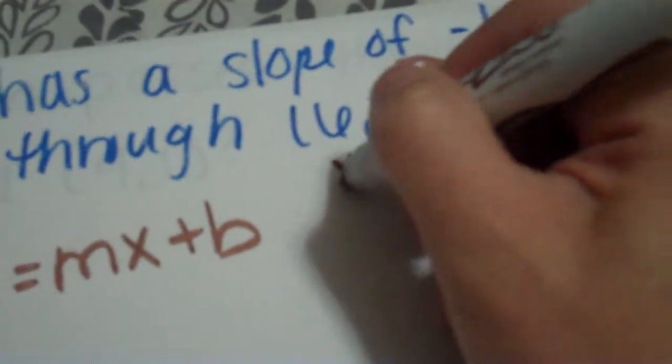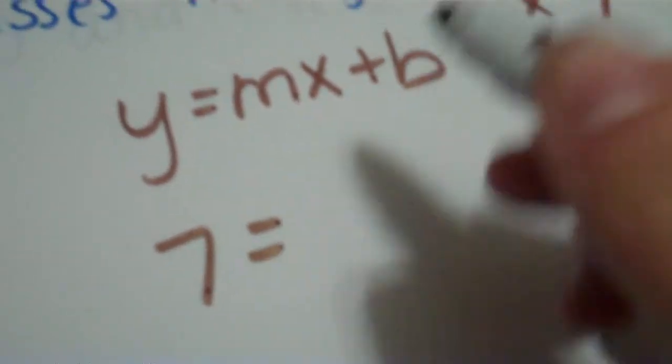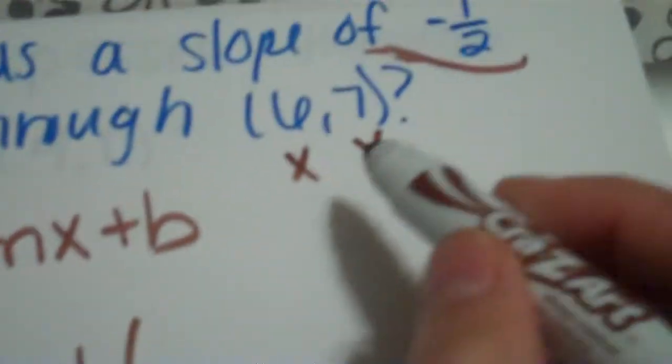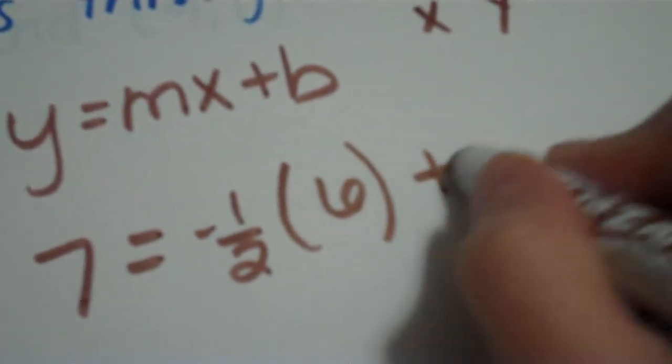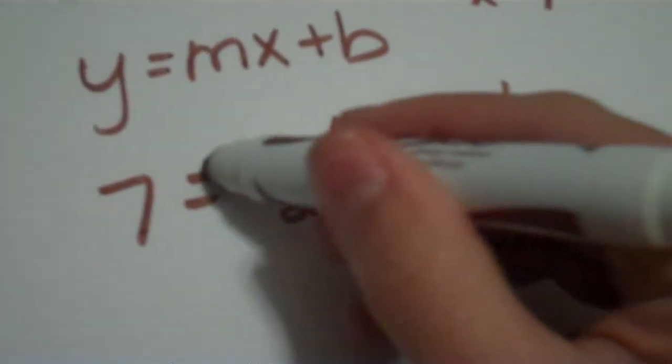So y equals mx plus b. Then I plug in the values. Remember, this is x and this is y. So my y is 7 equals, my slope is negative 1/2, and x is 6, plus b.